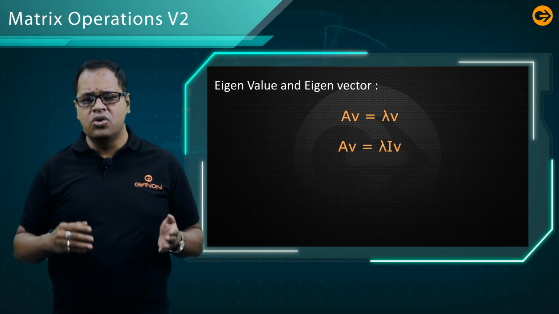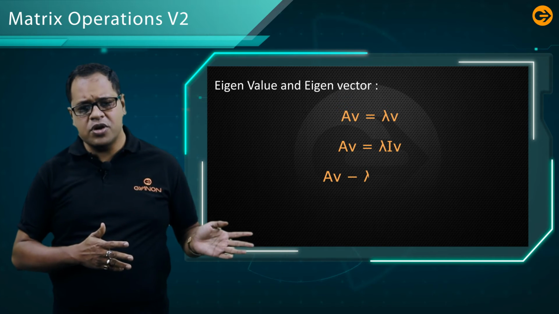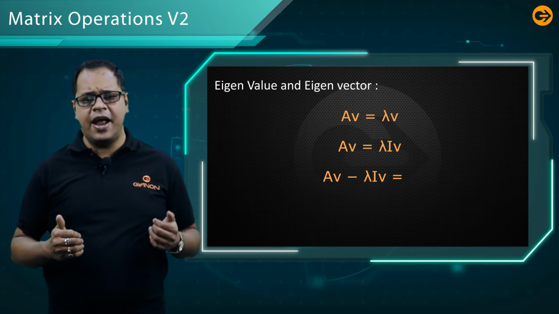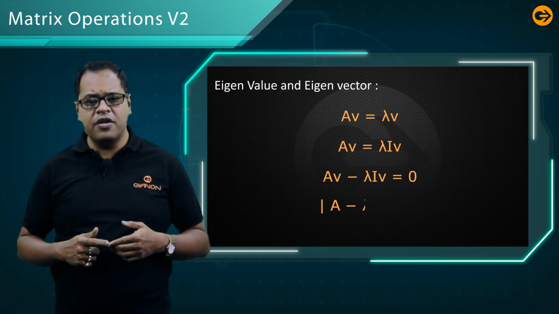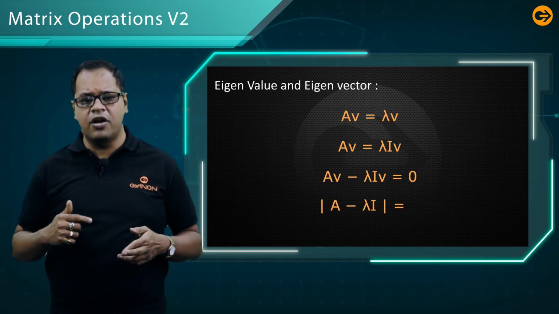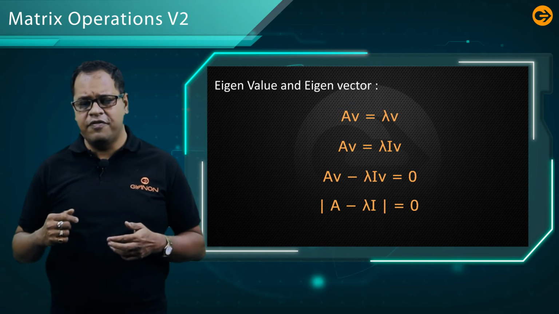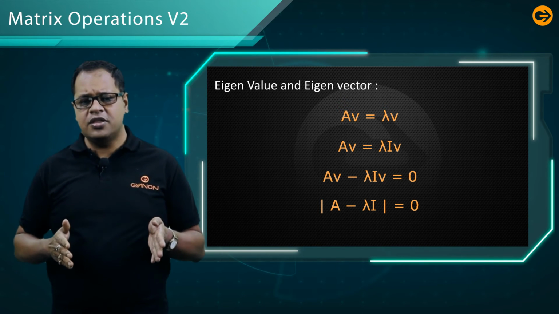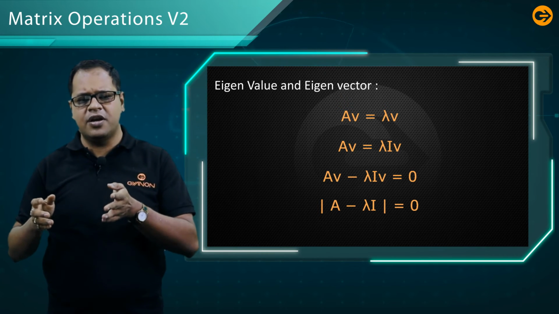So AV is equal to lambda IV. Bring all to the left side, the equation will be AV minus lambda IV is equal to 0. If V is non-zero, then we can solve for lambda just by the determinant. That means the determinant of A minus lambda I is equal to 0.